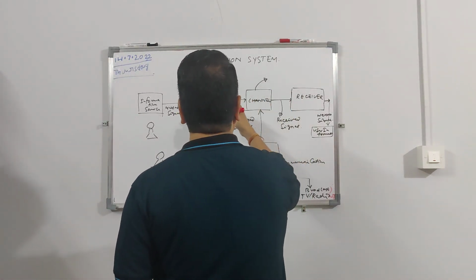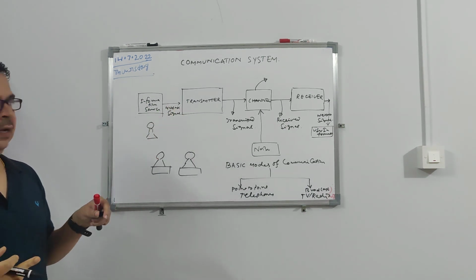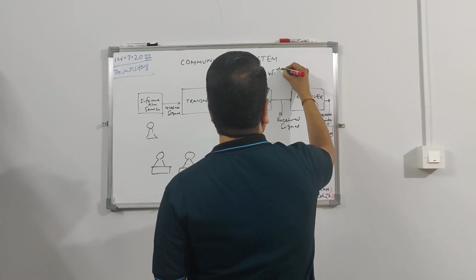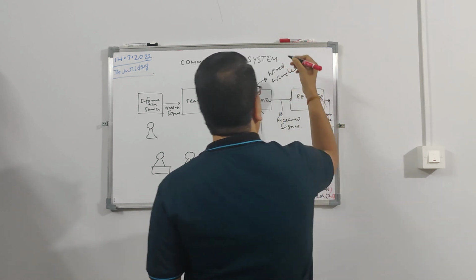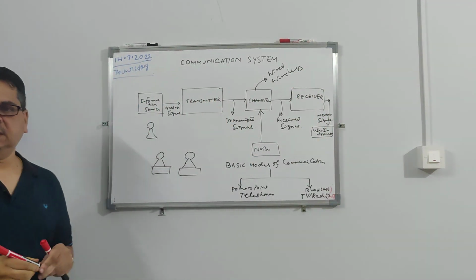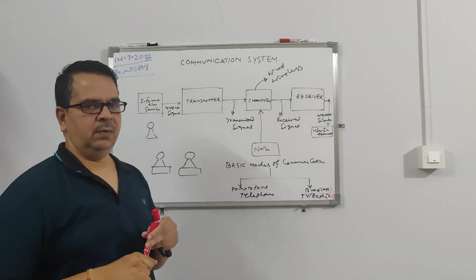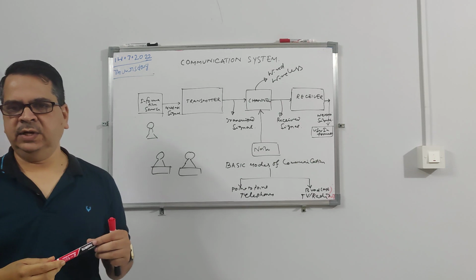Whatever electrical signal you get from the transmitter, this channel can be wired or wireless. Earlier the electrical signal used to get transmitted using wired communication, and with advancement we have wireless communication also.